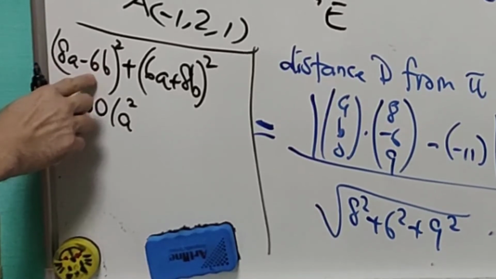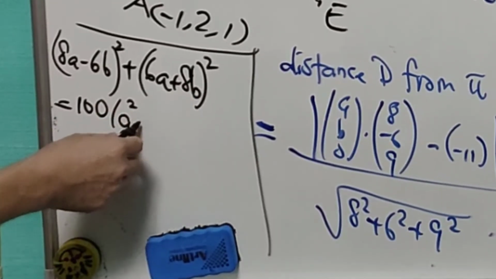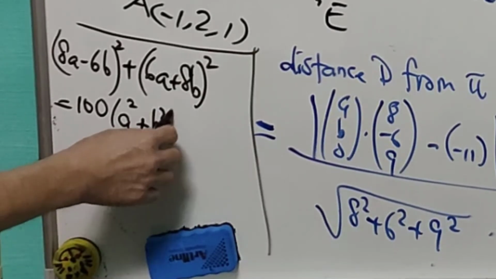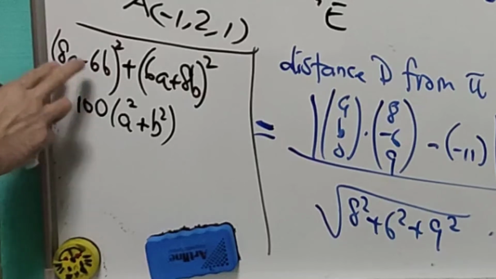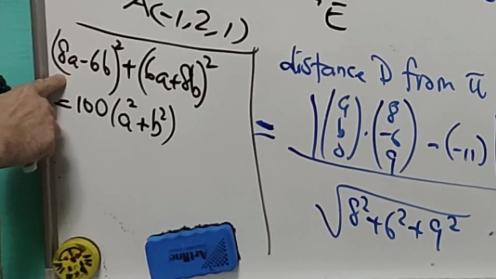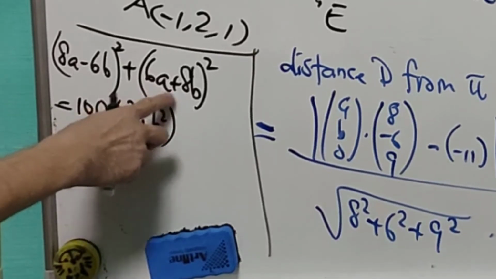And we also have 36b squared and 64b squared, that will be 100b squared. And the middle term, that is 2 times 8a and negative b, will cancel off with 2 times 6a times 8b.